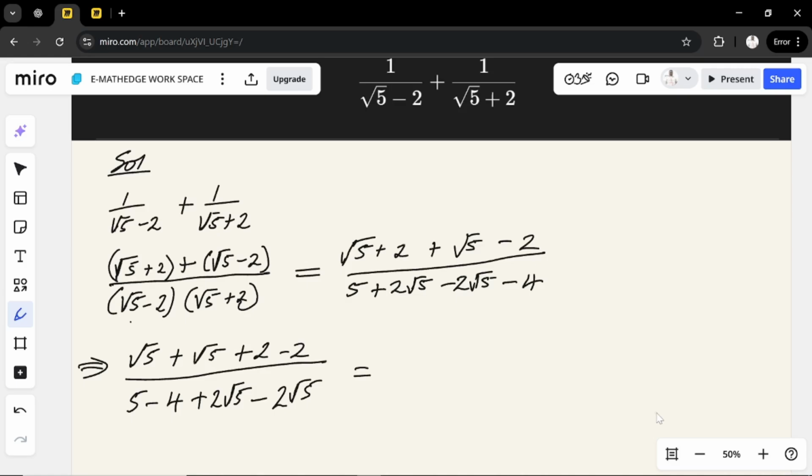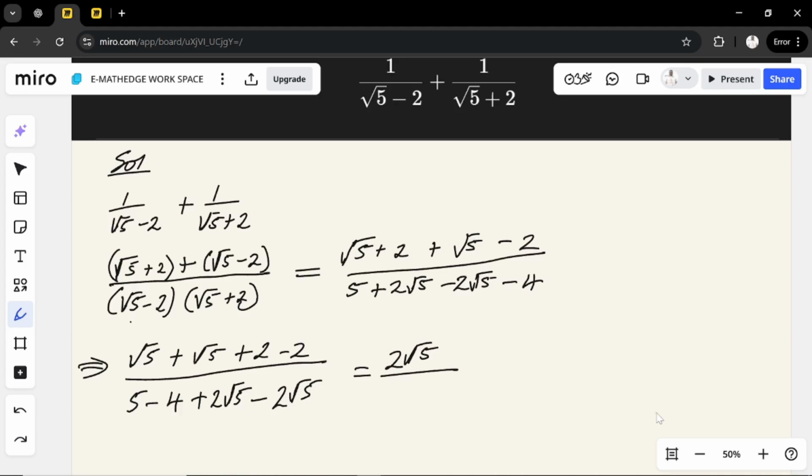Now we have the root of 5 adding up to the root of 5 is going to give us 2 root 5, right? Now 2 minus 2 is 0, so we don't have to add it up, right? All over, going down to the denominator, we have 2 root 5 minus 2 root 5.